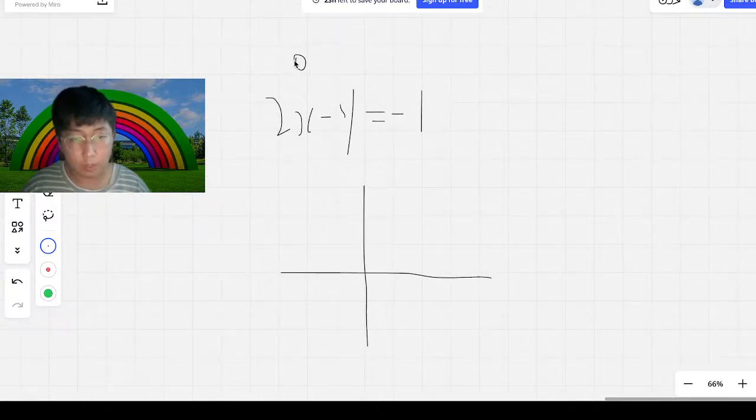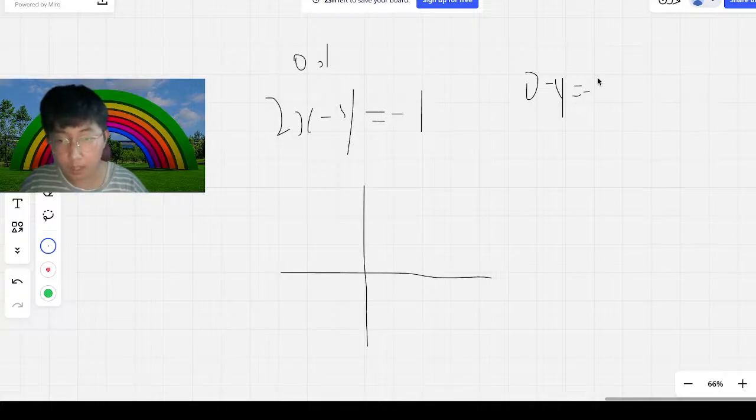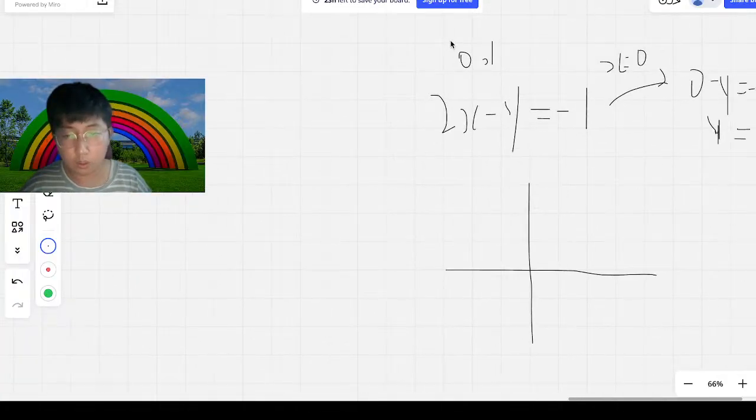If x was 0, y would be 1, because if x is 0, then 0 minus y would be -1. And then we multiply by -1 on both sides, which gives us y is equal to 1 when x is equal to 0. So this will be our first coordinate.